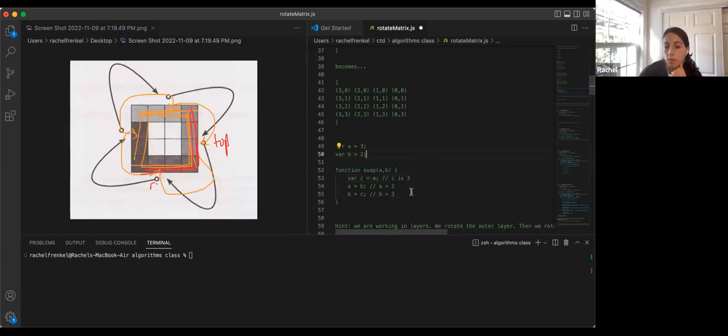So when you're swapping something, you need to hold it somewhere. If you're swapping an entire edge here to bring it back to the matrix, you need to hold one of the edges so that you know what to put in this last one.